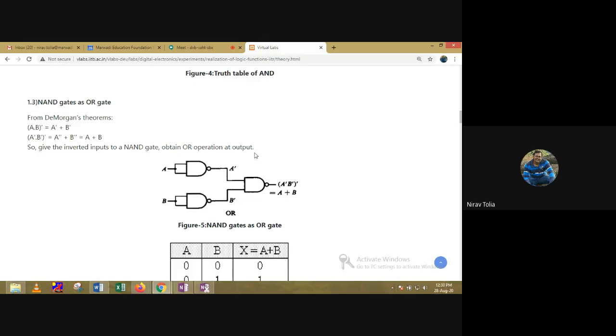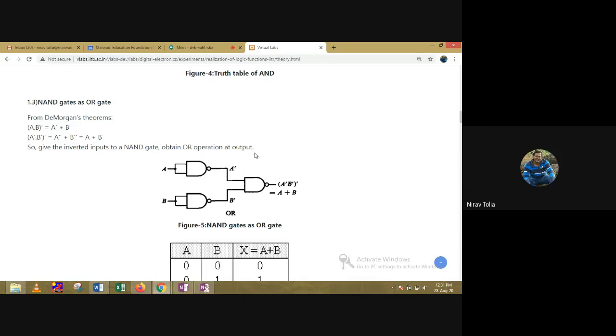The complement of the product, complement means bar, is equal to the sum of their individual complements.